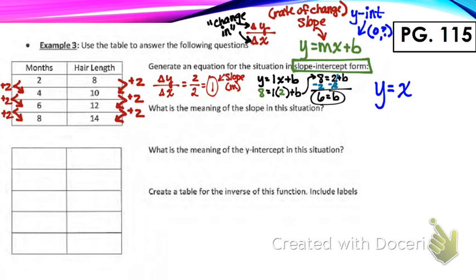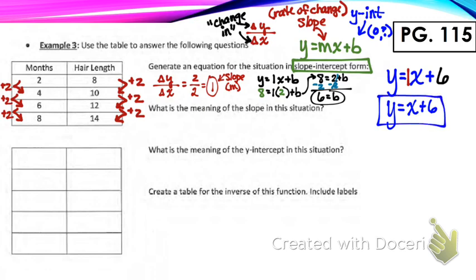Slope is the letter m, but in this case it's the number 1. So I would have 1x plus, what did we say b was? 6. When your slope is 1, because it's being multiplied to the x, you don't have to write that. So there's my function rule.